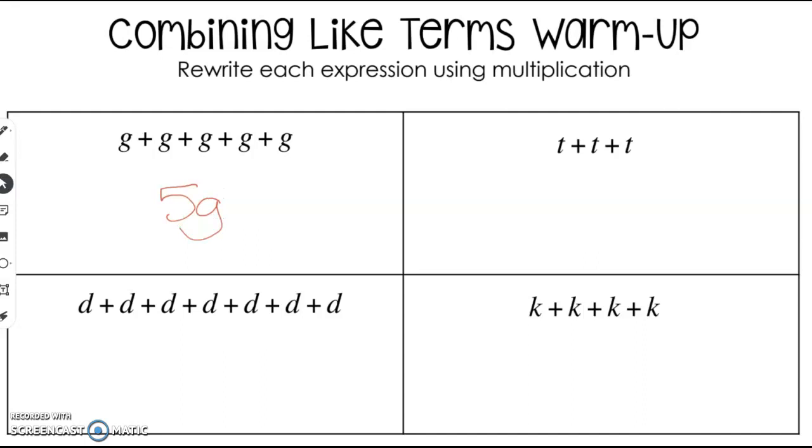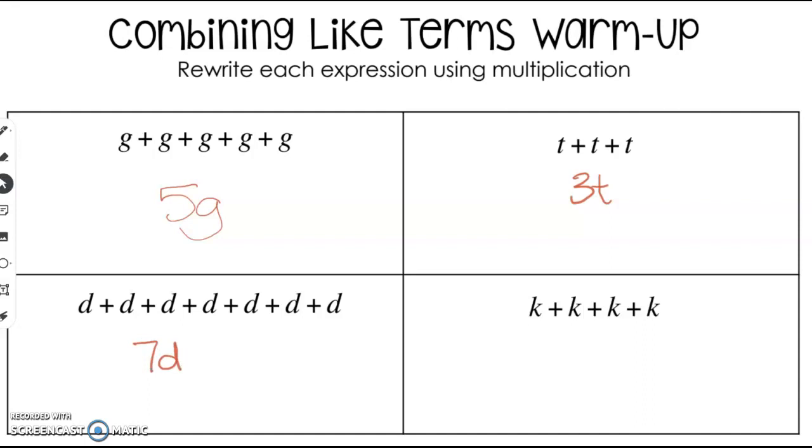Let's look at our next one. My t plus t plus t. There are 3 t's, so I'm multiplying my t 3 times. My next one, d's. I have 1, 2, 3, 4, 5, 6, 7, so I'm multiplying 7 d's.